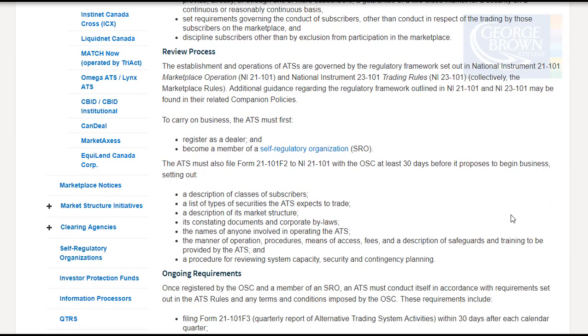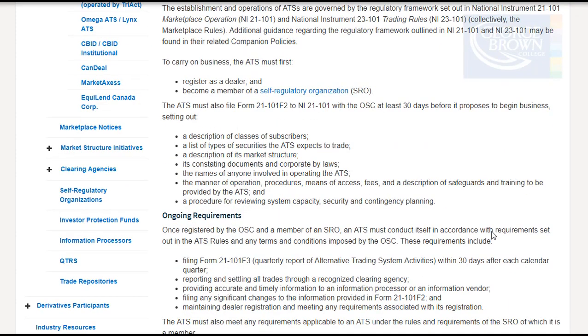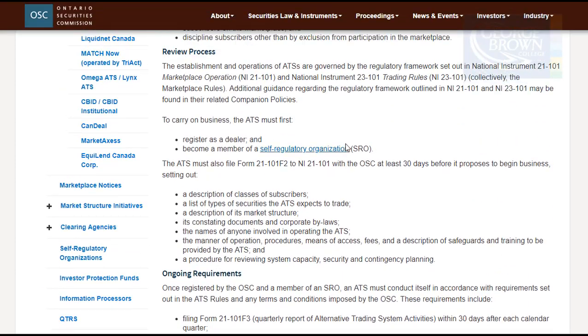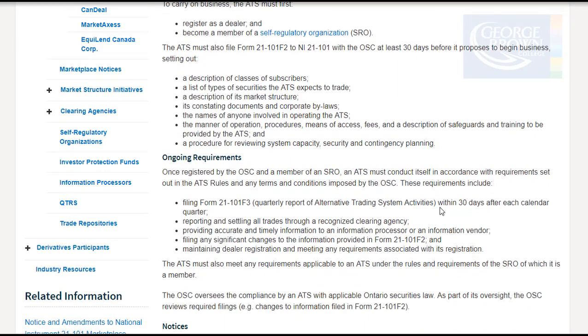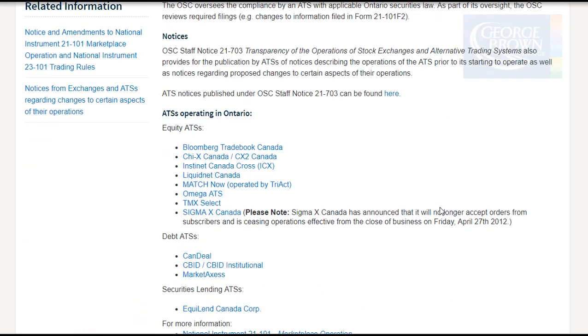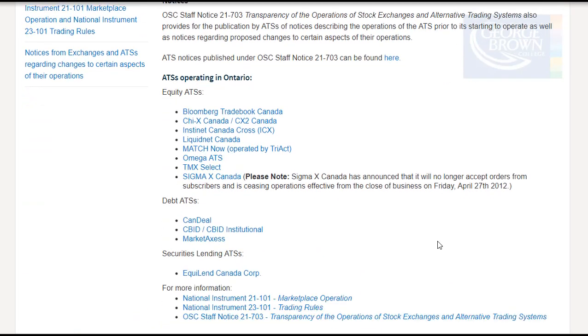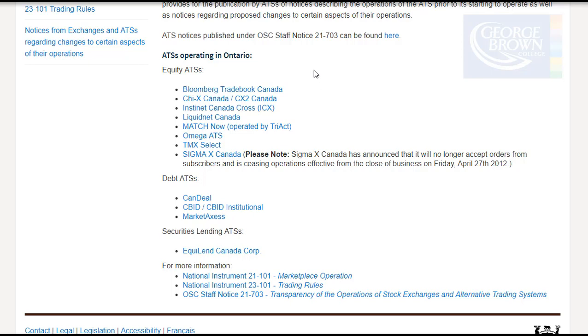If you scroll down, I'm not going to read the whole thing, but you can see there's some review process, some requirements. But nevertheless, I just wanted to scroll down to this section. You can see the ATSs, alternative trading systems, operating in the province of Ontario and Canada are Bloomberg Tradebook Canada, GX Canada, Instinet, LiquidNet, MatchNow, Omega ATS, TMX Select, and Sigma X. Those are for equity alternative trading systems.